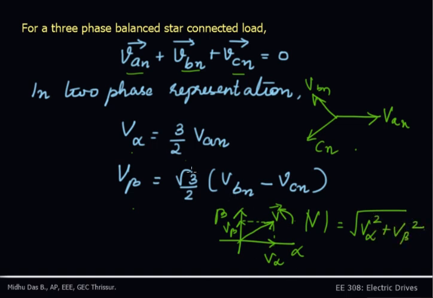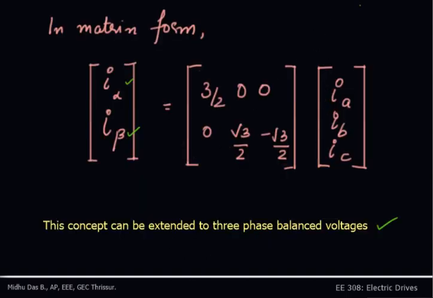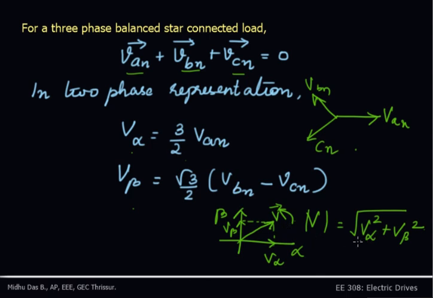So this transformation matrix which we have, similar to this current matrix, will transform the three-phase balanced voltage into two-phase domain, and we can represent it by a simple rotating vector in two-phase domain. And at any instant we can say that this is making an angle alpha with respect to the horizontal axis. What is alpha?